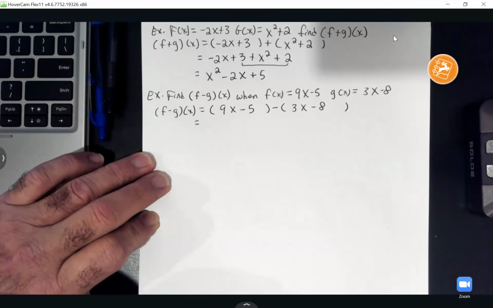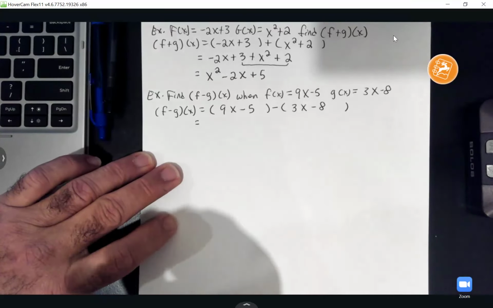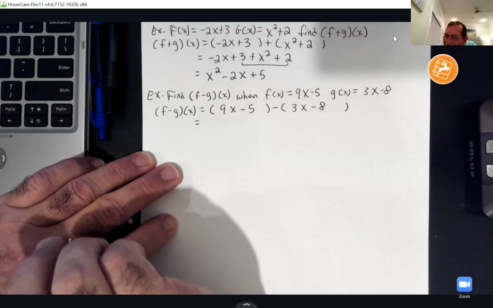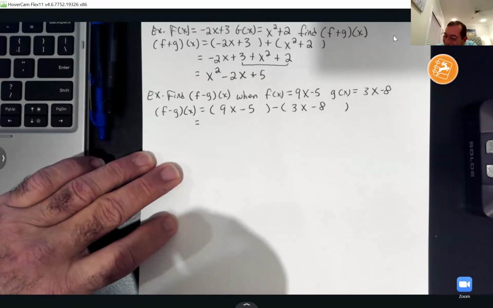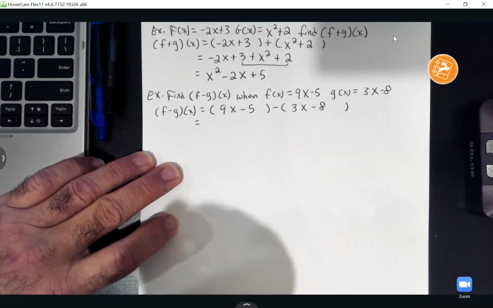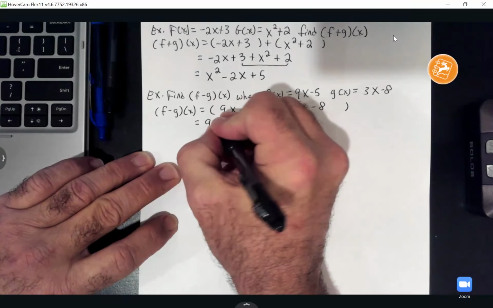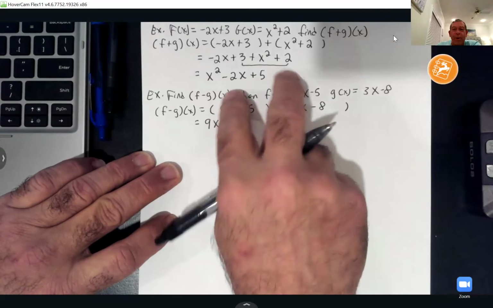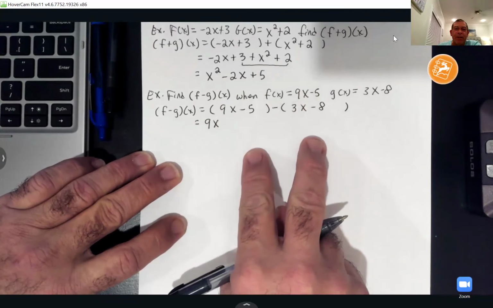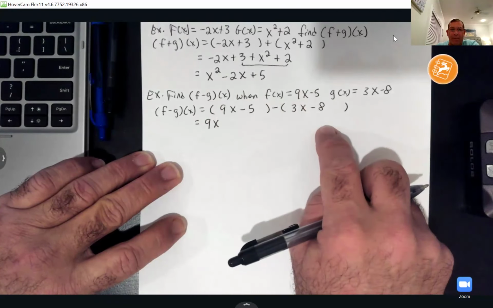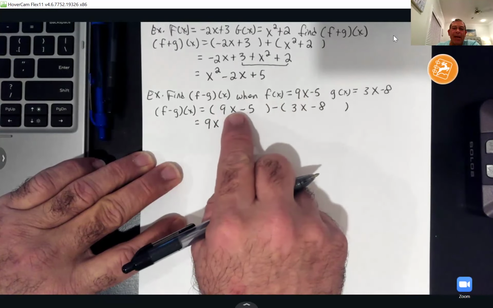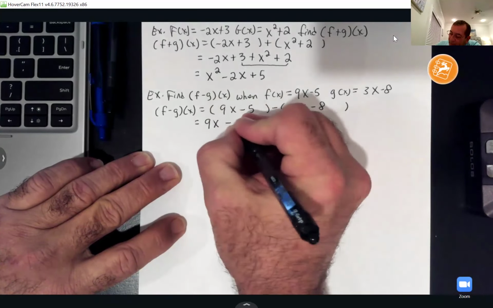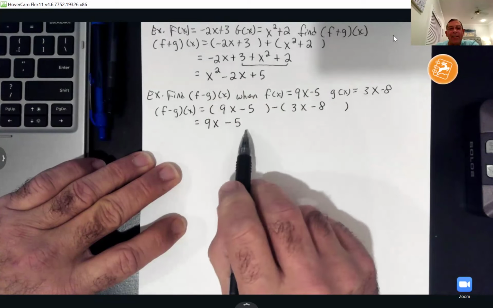Do the 9x and the 3x. Oh, well, we're just going to drop the parentheses first and get our terms out of them. So bring out this 9x minus 5. But what's next?